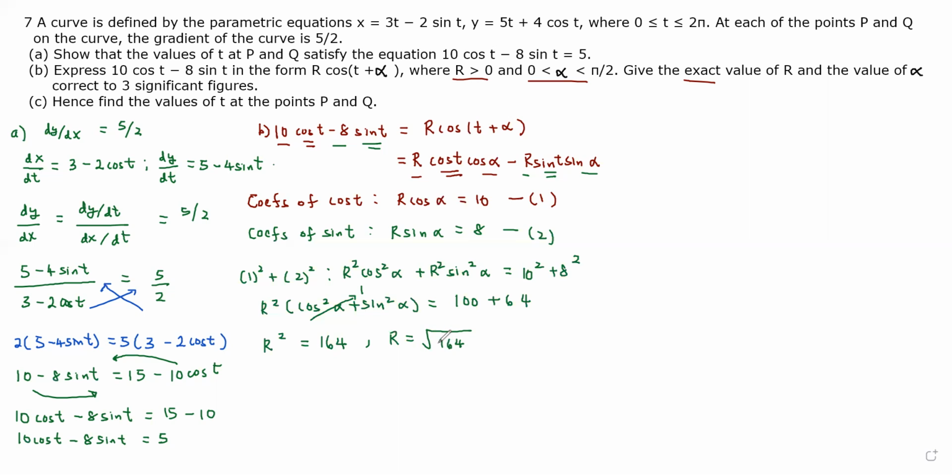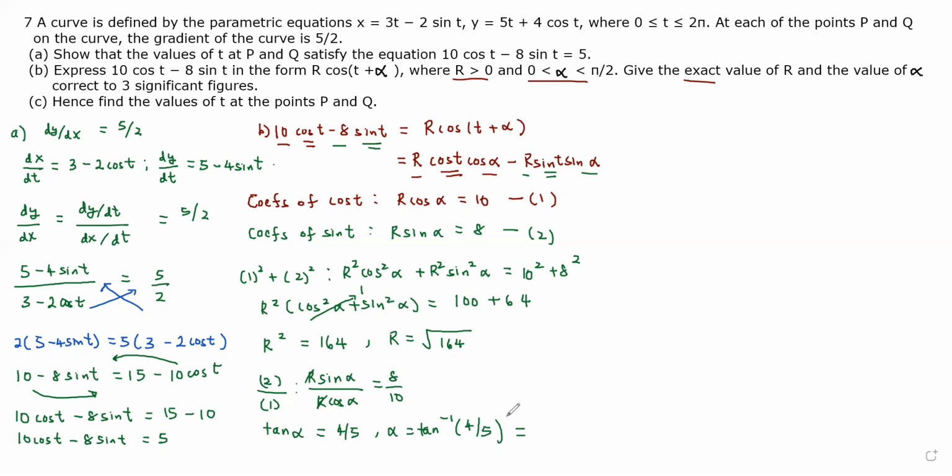To find the value of alpha, we divide equation number 2 by equation number 1. On the left, we have R sine alpha over R cos alpha, and that is 8 over 10. R cancels off, and we are left with tan alpha equals 4 over 5. Alpha is the inverse tangent of 4 over 5.